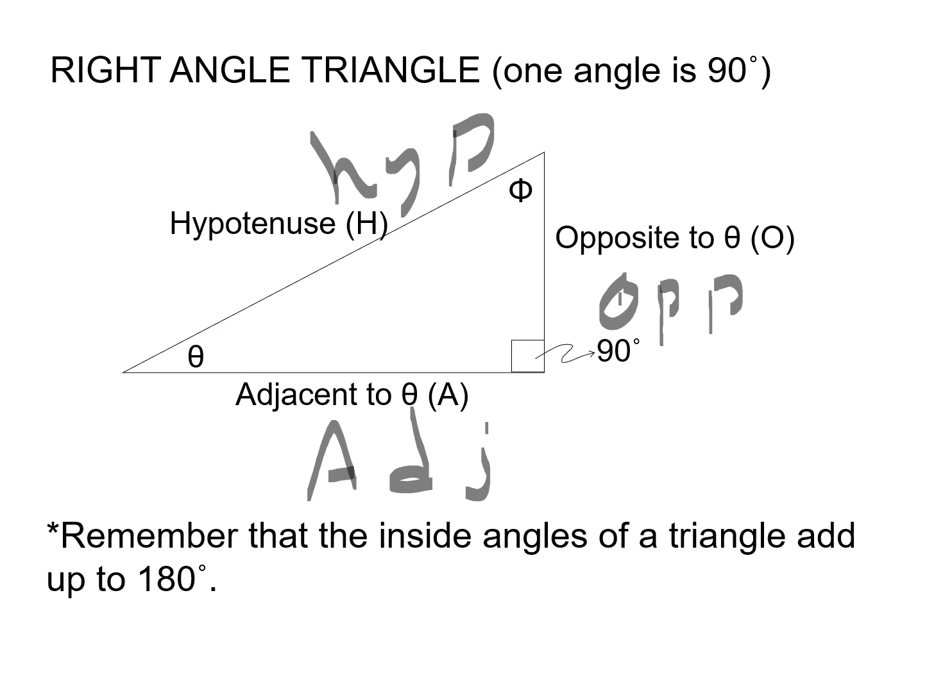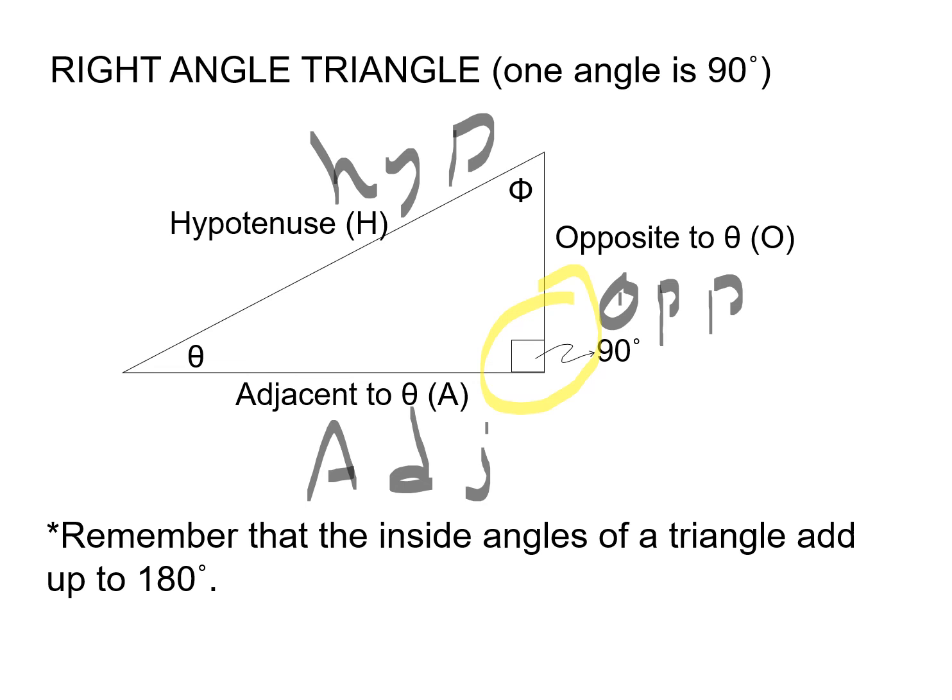And last thing, remember that the inside angles of a triangle always add up to 180. But what we're working with is always going to be a right triangle. A right triangle means there can only be one corner in a triangle that is equal to 90.